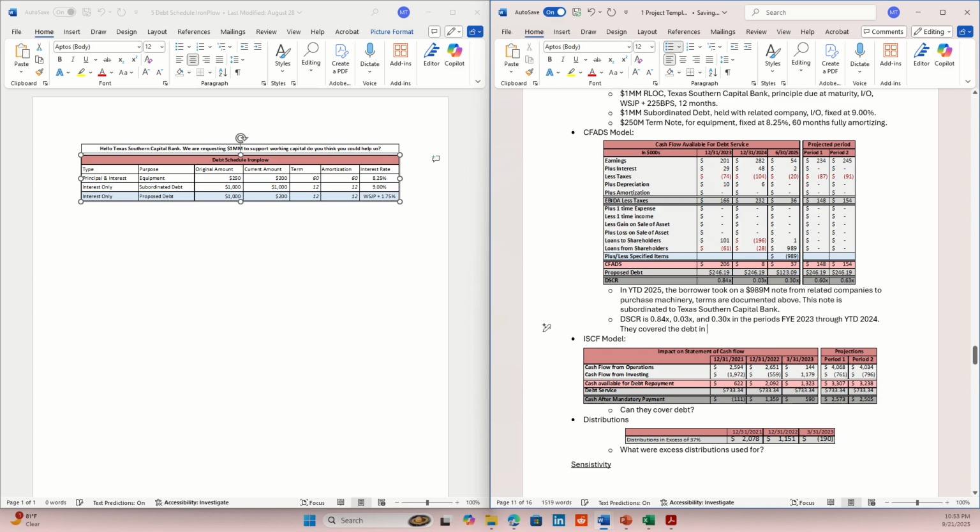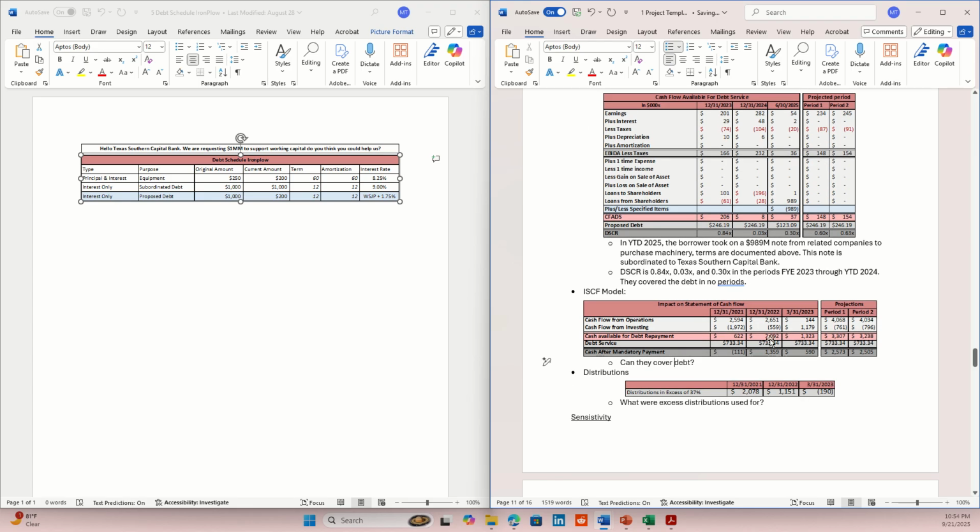They cover the debt in 2 periods. And then type out what periods. So you're in 2024 and 2025. Now in mine, they cover the debt in no periods. So we're going to write down, they cover the debt in no periods, right?